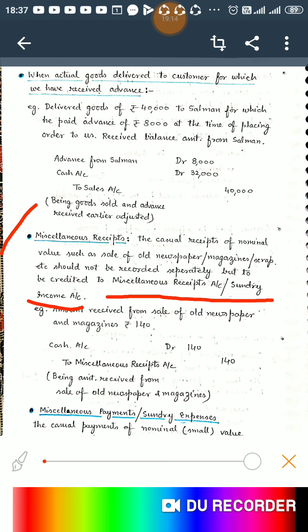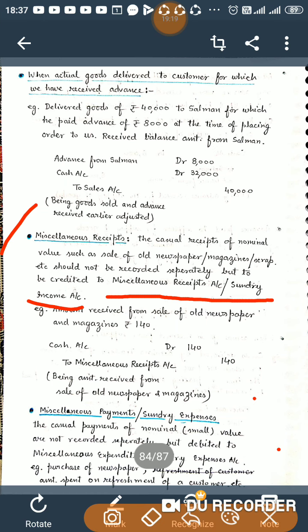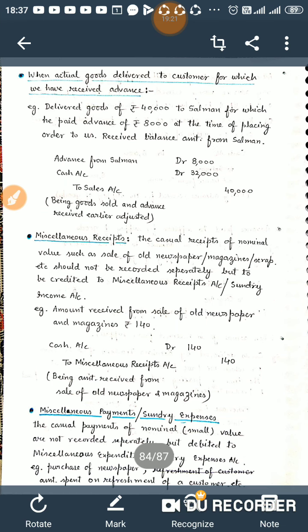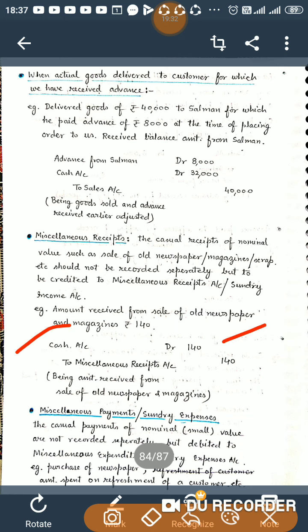I have taken an example: amount received from sale of old newspaper and magazine rupees 140. So cash is coming into the business, cash will be debited, and for the income from the sale of old newspaper, the 140 rupees income should be recorded under the name miscellaneous receipt account, or you can record it as sundry income account.